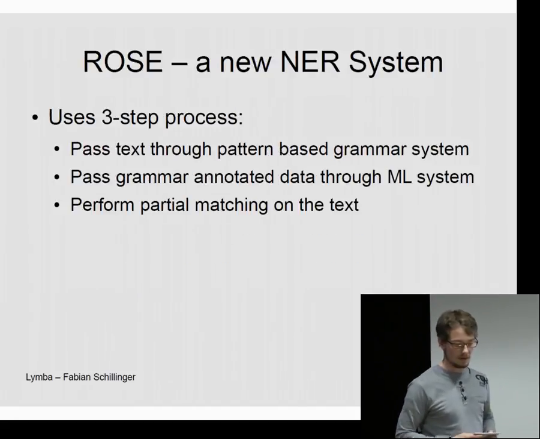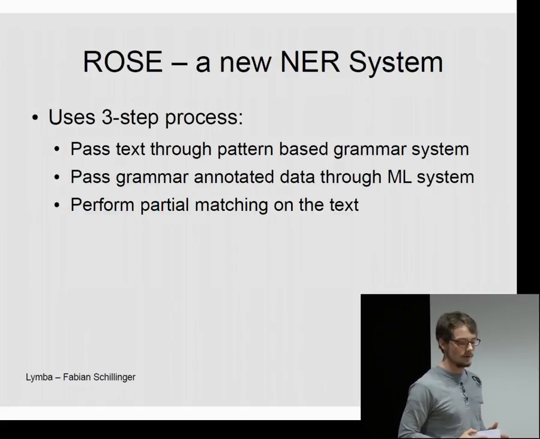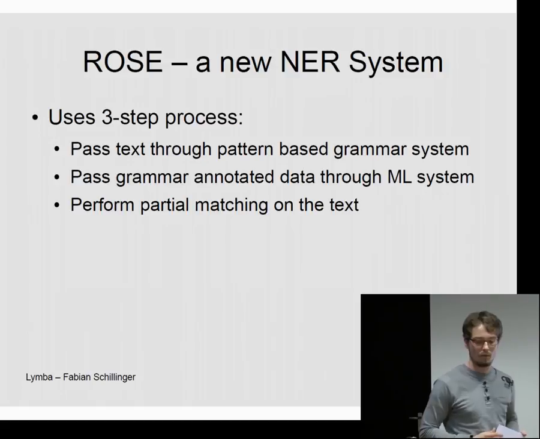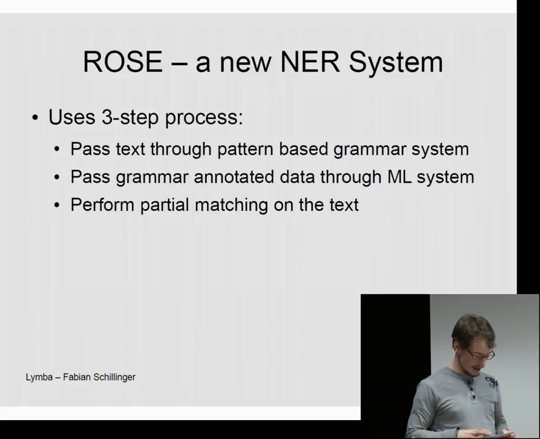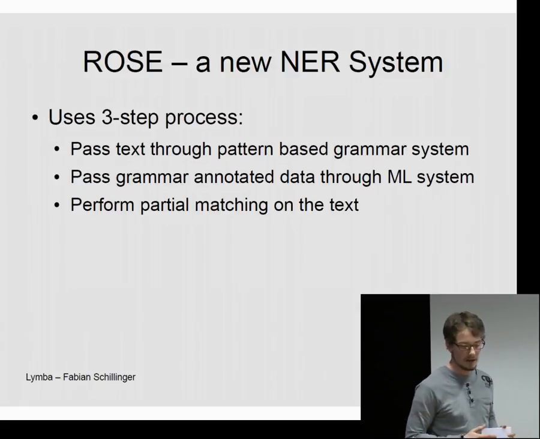The next part is ROSE. ROSE is a named entity recognition system which uses a three-step process. The first step is to pass the text through a pattern-based grammar system, a pattern matching and lexicon-based information extraction engine.